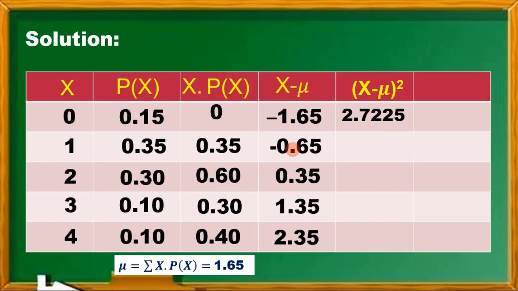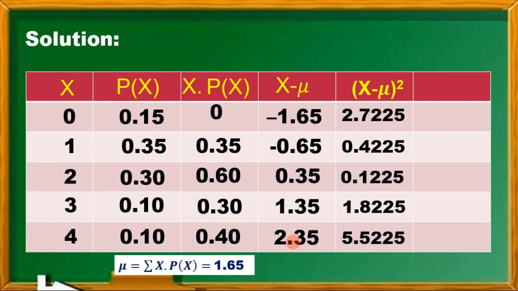You square that, we have here 0.4225. 0.35 squared is equal to 0.1225. The 1.35 squared is 1.8225. And 2.35 squared is equal to 5.5225.